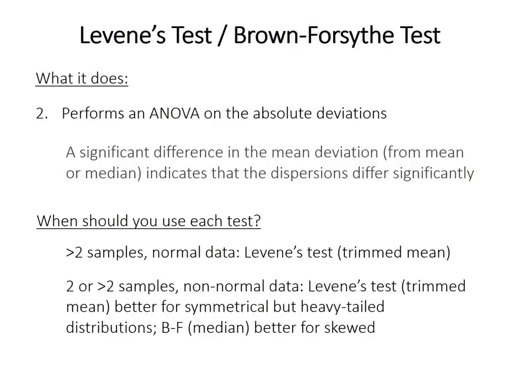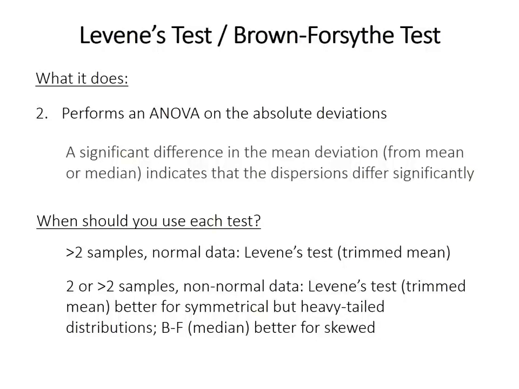So when should you use each test? Well, for more than two samples that are actually close to being normally distributed, you should still use Levene's test, even though the data are more or less normal. But if you have two samples or more than two samples with non-normal data, you have this choice. The rule of thumb is that Levene's test using deviations from the mean is best if the distribution is still symmetrical, but is what's called heavy-tailed, so flatter and with larger tails than a typical bell curve for the normal distribution.